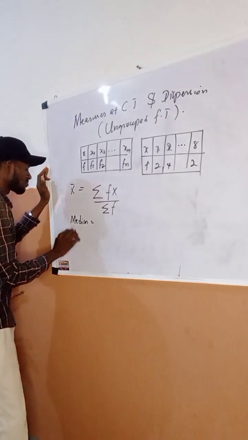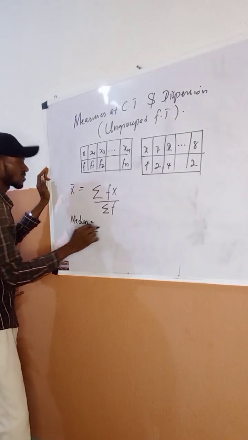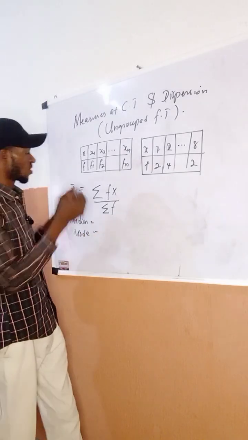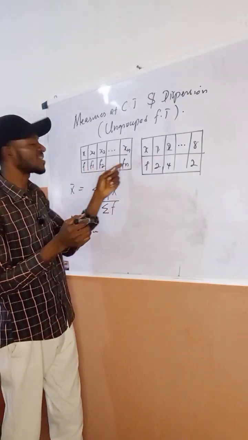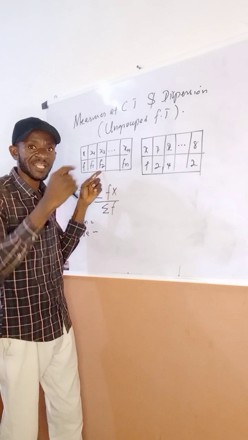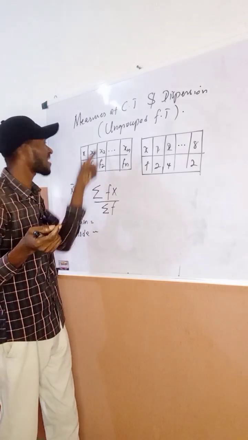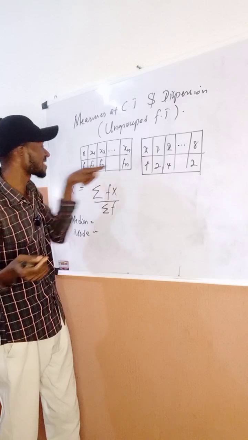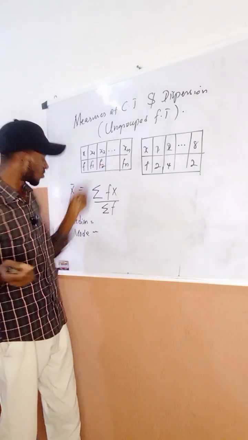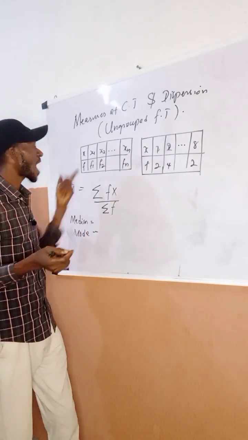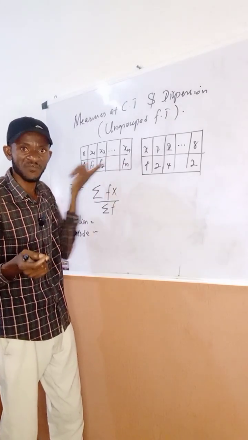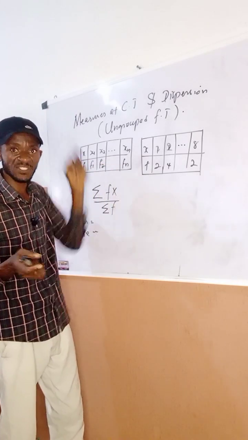Then we talk about the mode. The mode is the number with the highest occurrence. So we look at the frequencies and find the highest frequency. We match it with that observation, and that observation becomes the mode because it has the highest frequency.